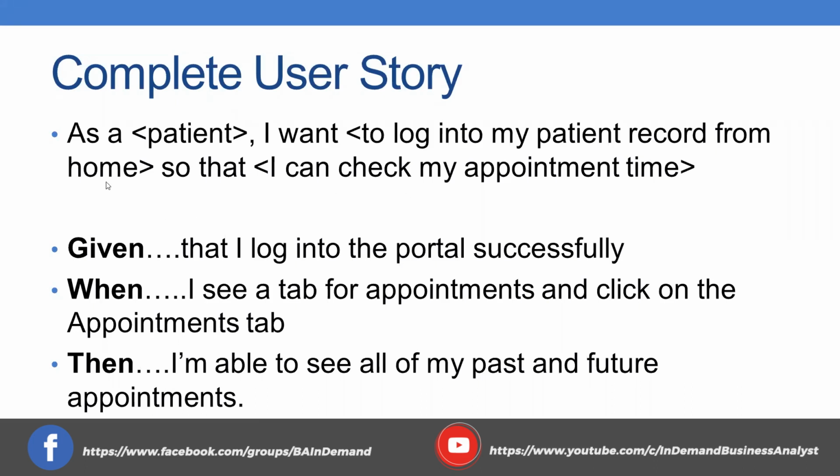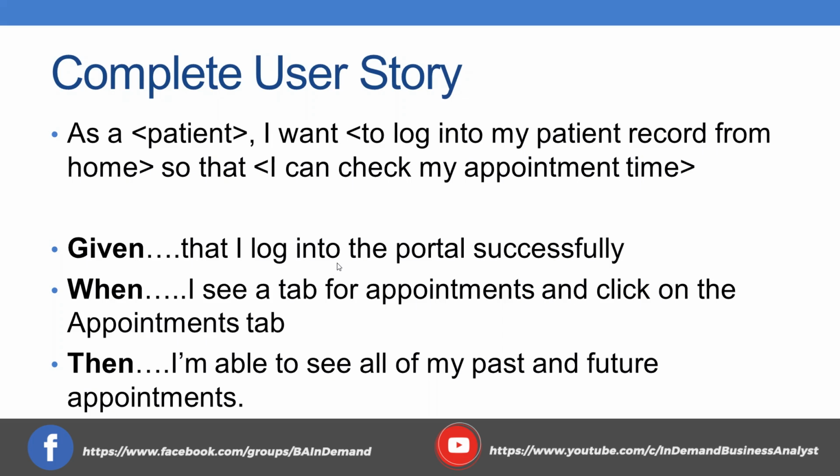So if we were to give the developer this, lots of organizations, I want to be very clear, lots of organizations just use the user story, just what you see here. In my experience and what I teach, I encourage you to add the acceptance criteria with the user story because it gives additional clarity to the developers and to the QA folks.